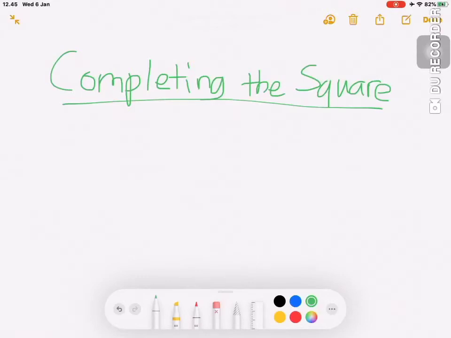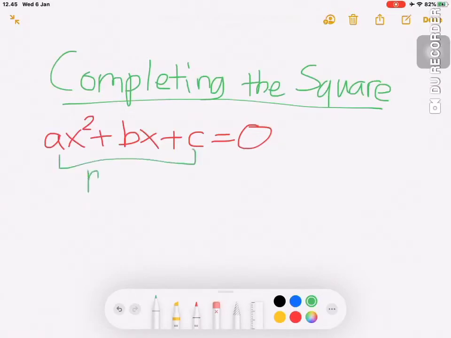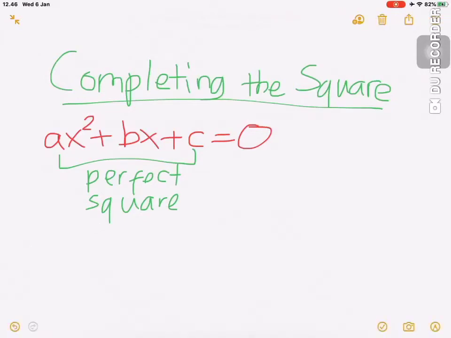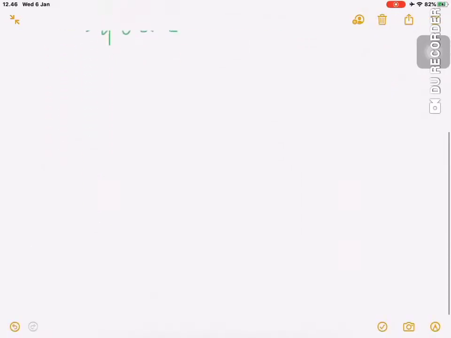Basically, given a quadratic equation ax squared plus bx plus c equals 0, what you need to do is add something to it to make this a perfect square. I'll show you what I mean later in the example.